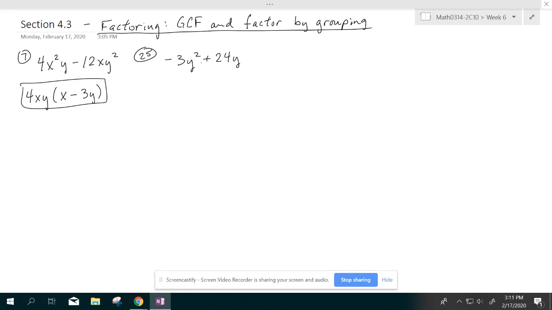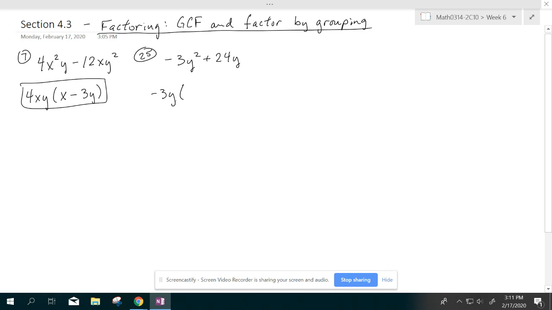Only 2? And do they have something in common that I can factor out? A y and the 3, and the lead term needs to be positive. So I'm also going to need to factor out a negative.